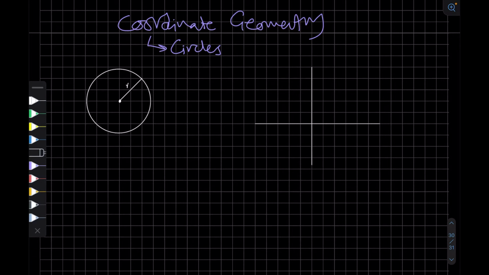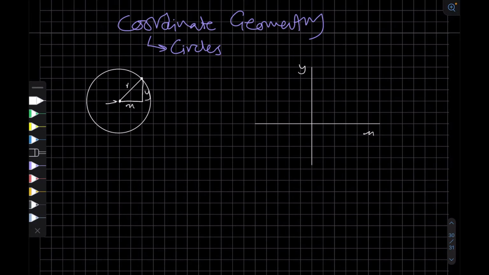Right, so let's move things to the Cartesian coordinate system, and in this we recall that everything is in terms of x and y, where x is the horizontal distance and y is the vertical distance. If we take any point on the circle and break it up into its horizontal and vertical components, something like this, this will be x, this will be y.